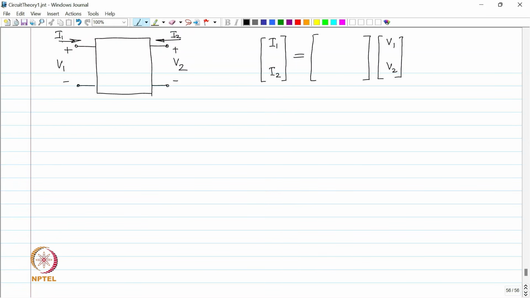All of the parameters are going to be conductances, admittances. So, this is called the admittance matrix. Just like the earlier one was called the impedance matrix, this is called the admittance matrix, admittance parameters, or we call it the Y parameters.